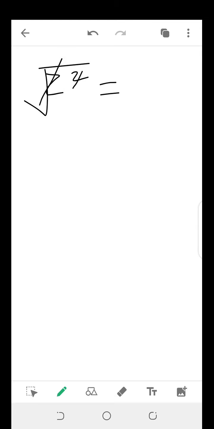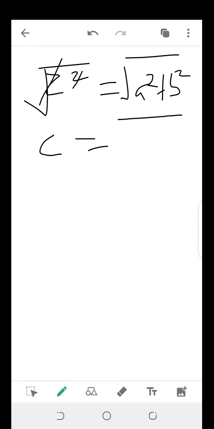Let's go to root of A squared plus B squared. So you have C to be equal to root of A squared plus B squared. Okay, so this is actually the value for C when we're using the Pythagoras theorem.